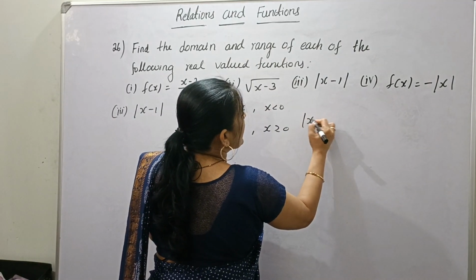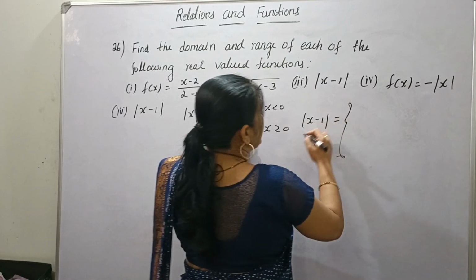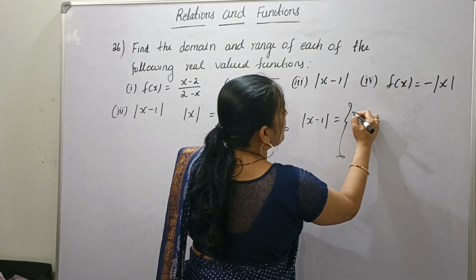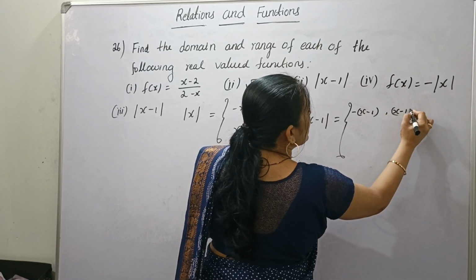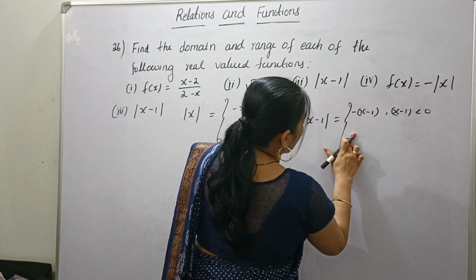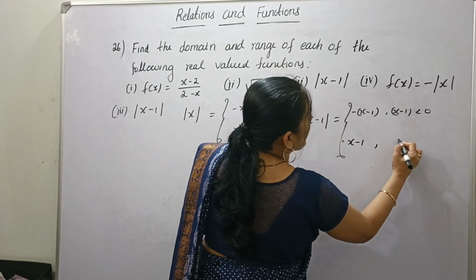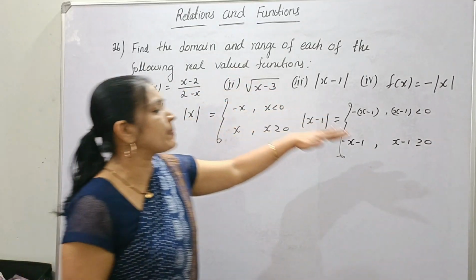Similarly, modulus x minus 1 is equal to minus of x minus 1 when x minus 1 is less than 0, and x minus 1 when x minus 1 is greater than or equal to 0. In place of x here, we have x minus 1.